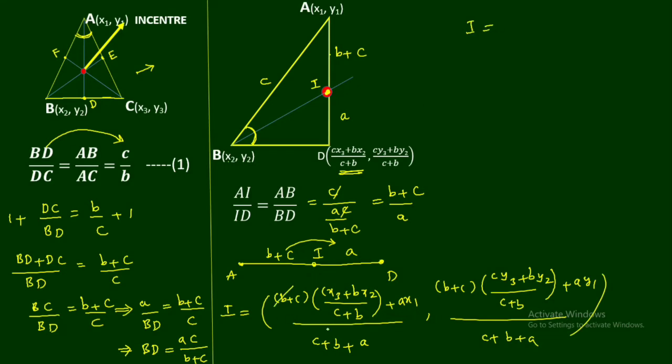So if you simplify, b plus c gets cancelled, b plus c gets cancelled. Now what is remaining? If I write in order, whatever is remaining: (a x1 plus b x2 plus c x3) by (a plus b plus c), comma, (a y1 plus b y2 plus c y3) by (a plus b plus c). This is the incenter of the triangle with the vertices A (x1, y1), B (x2, y2), C (x3, y3).